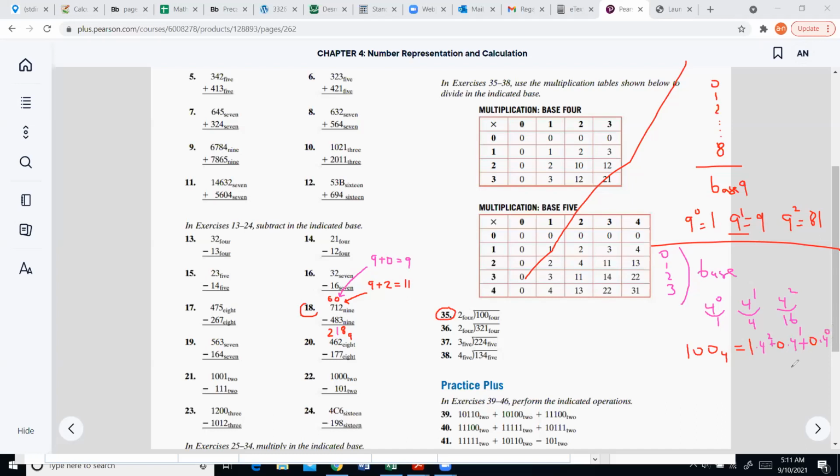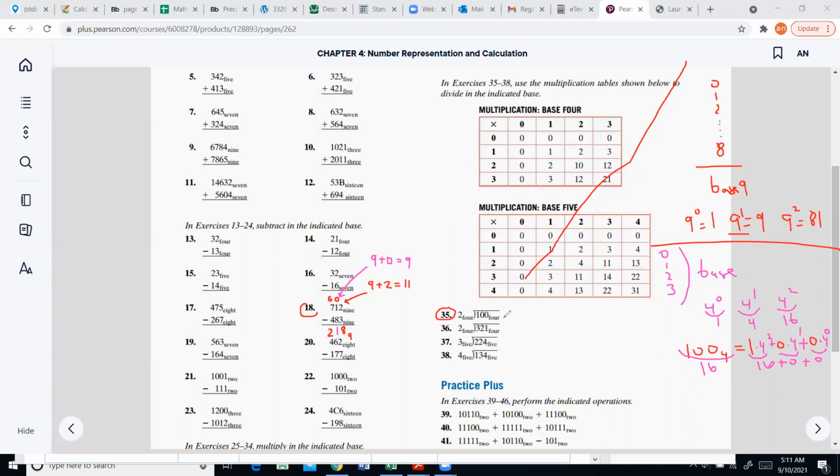Since the last two are zeros, when I multiply by 0, I always get zeros, right? And the first is going to be 16, so I end up with 16 plus 2 zeros, which is equal to 16. So this number is actually 16 in base 10.